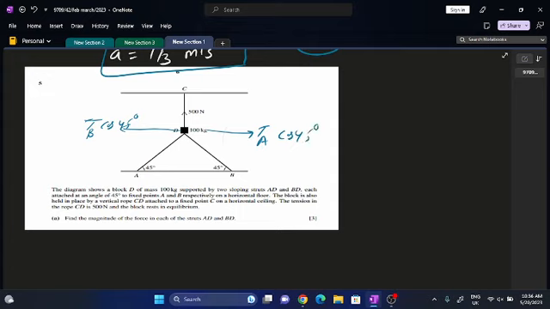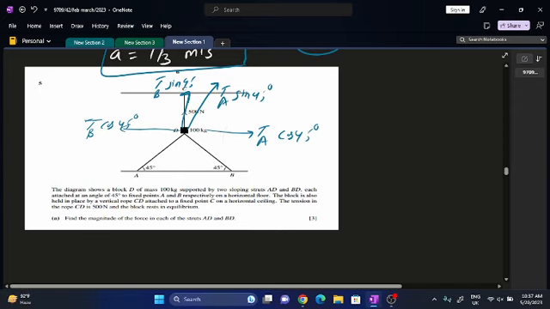Now draw the vertical components. The vertical component for this one would be TB sine of 45 degrees, and similarly for that one, TA sine of 45 degrees.